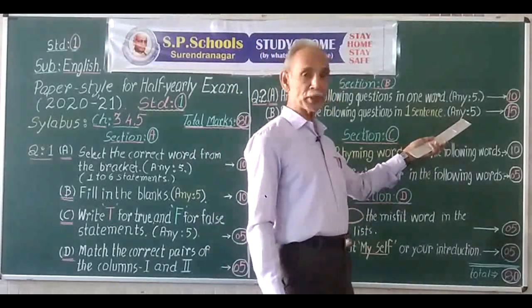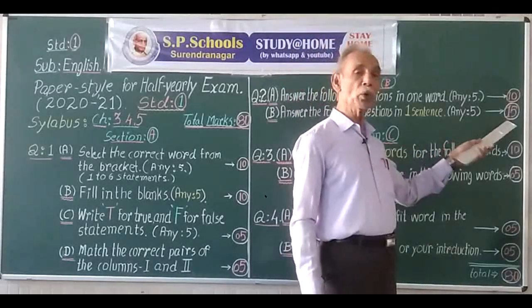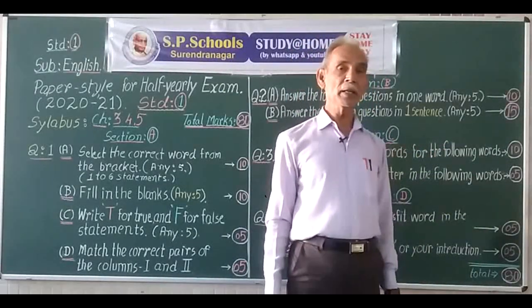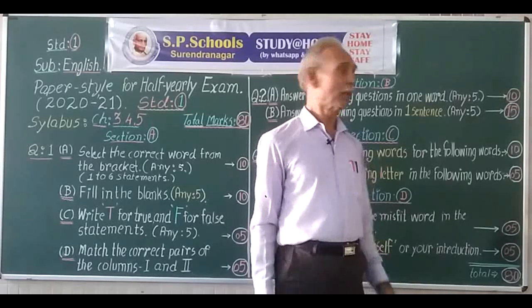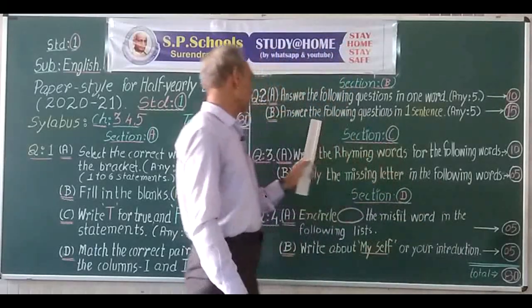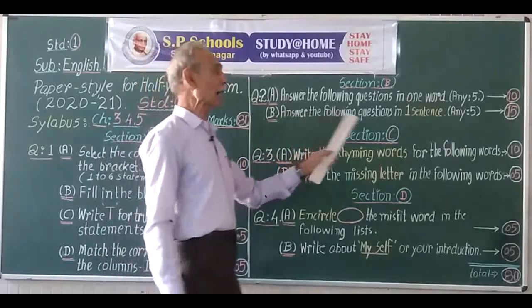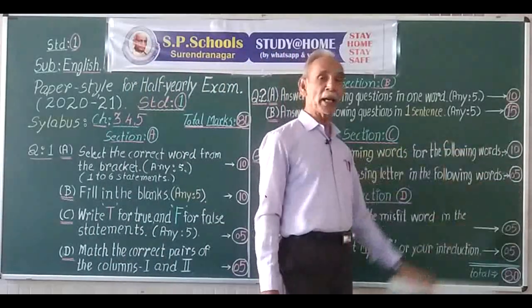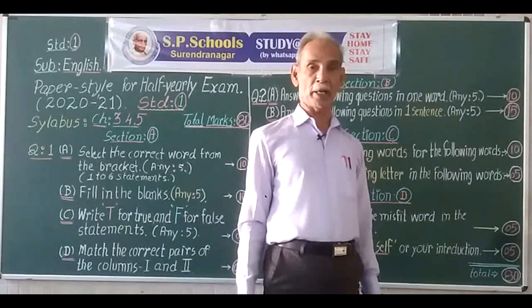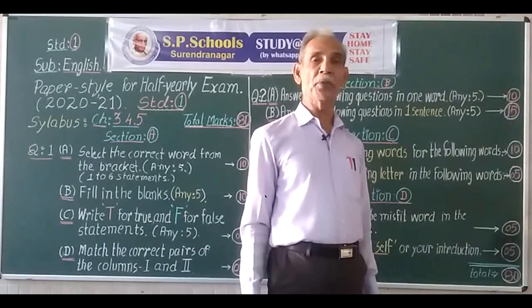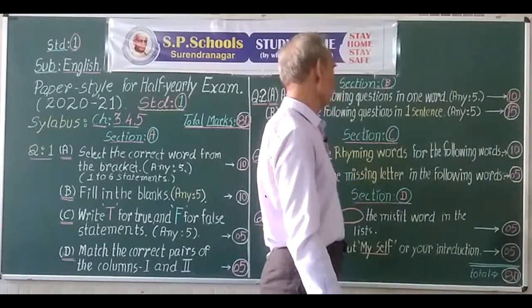If you answer 5, that will give you 15 big marks. So pay proper attention to this question. Don't neglect it, because it carries a lion's share of the marks.